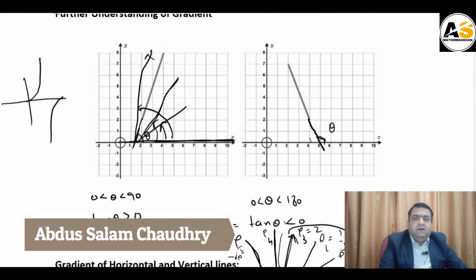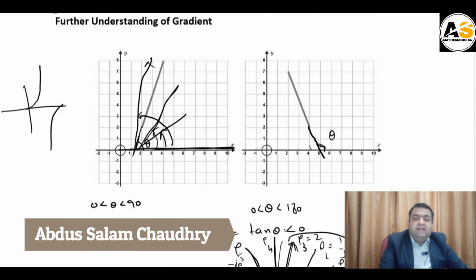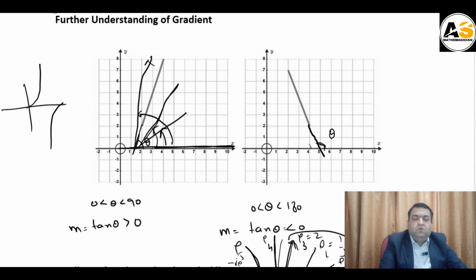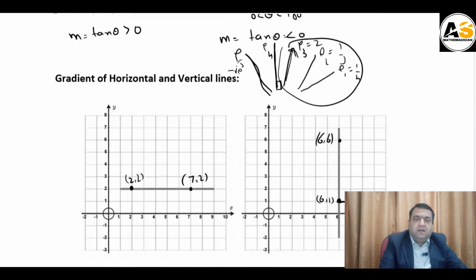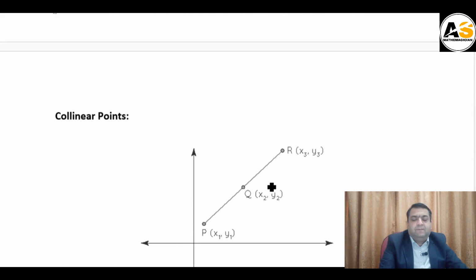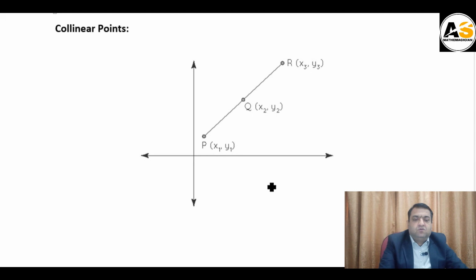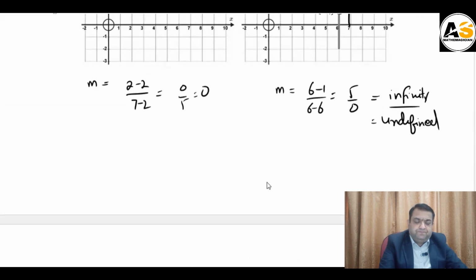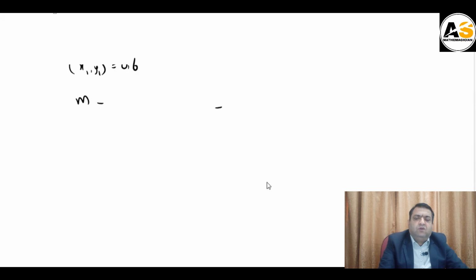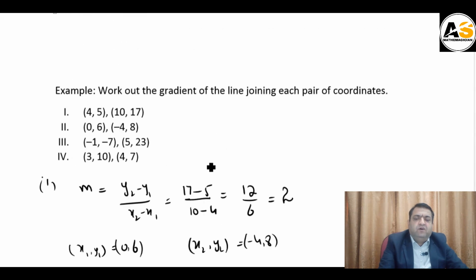Number 3, what is the gradient in terms of steepness? What is the gradient of a rising line? What is the gradient of a falling line? What is the gradient of a vertical line? And what is the gradient of a horizontal line? So we have learned so far these few things. We have also solved some questions in which we calculated the gradient where we were given 2 points of a line.